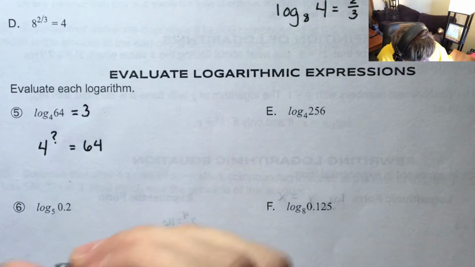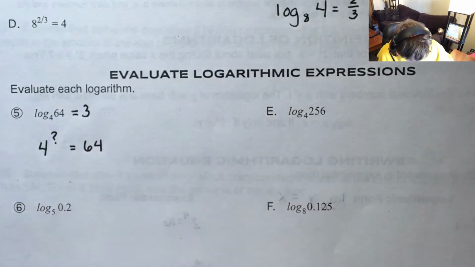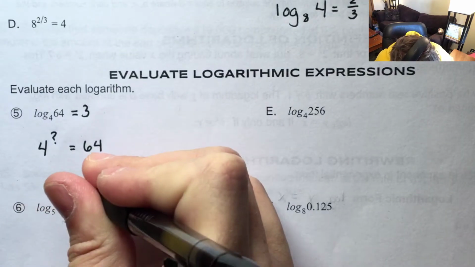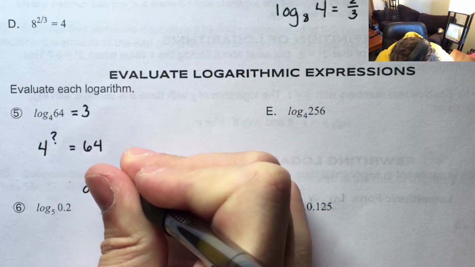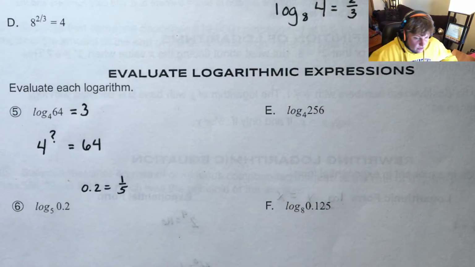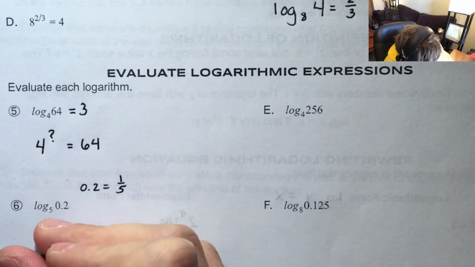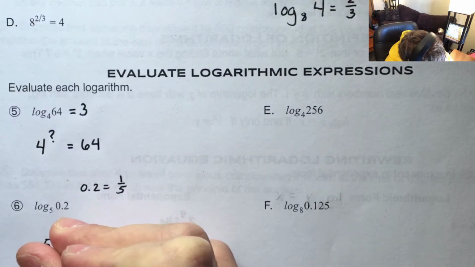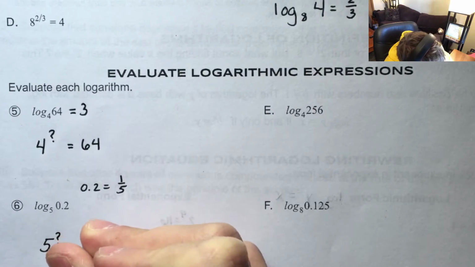Okay, so here it might be important to know that 0.2 is the same as a fifth. All right, so again, when we're looking at this, we want to know what power I have to raise 5 to get 1/5.